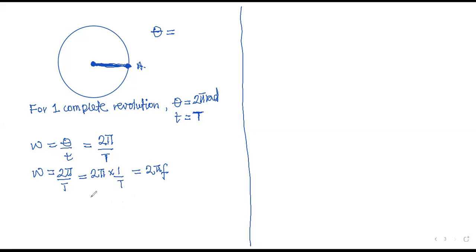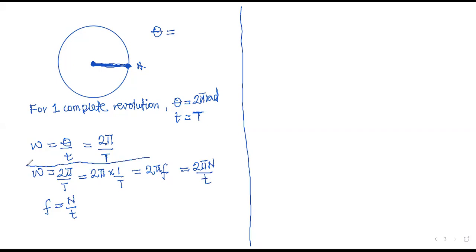Now, because frequency is equal to number of complete revolutions over time, we can also express the same angular velocity as 2 pi times n over total time.